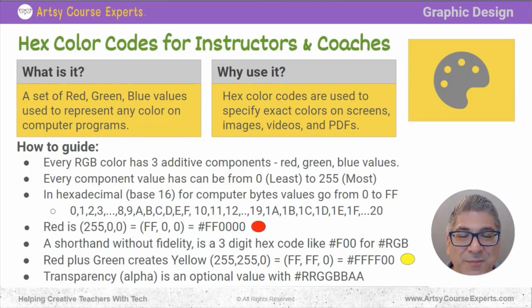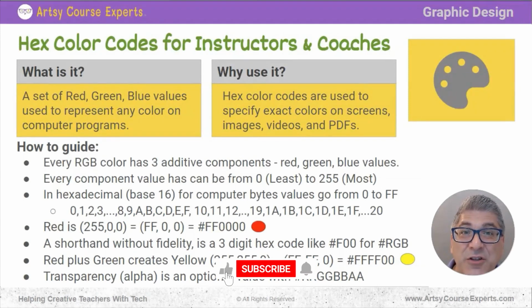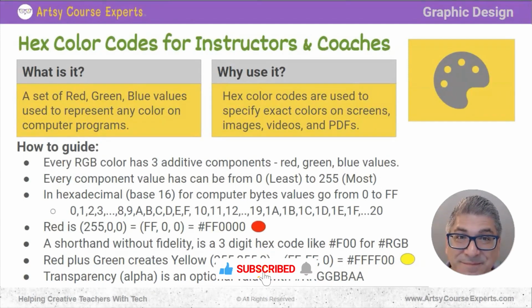One last curveball. Just want to plant the seed for the future. There is an option to have transparency. I know, I don't want to blow your mind. You can add transparency, and that's using a term called alpha or alpha blending. It's this optional value that lets you decide how transparent this color is so that you could see stuff behind it.